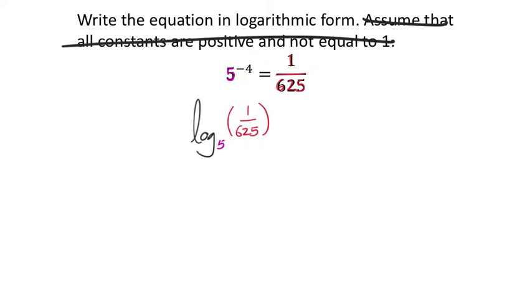So I do recommend, if you have fractions like I have right here, use parentheses. You can use parentheses even if it's not a fraction, but you don't necessarily have to. So that's the logarithm, but it should equal the exponent, which in this case is -4. So we just make it equal to -4, and we have created a logarithm from an exponential equation.